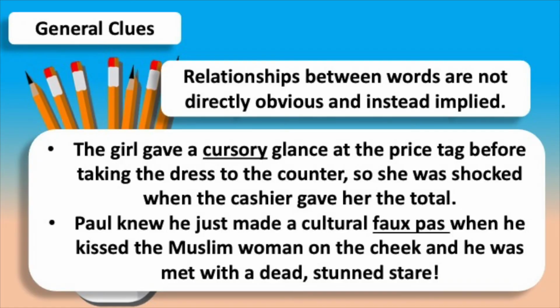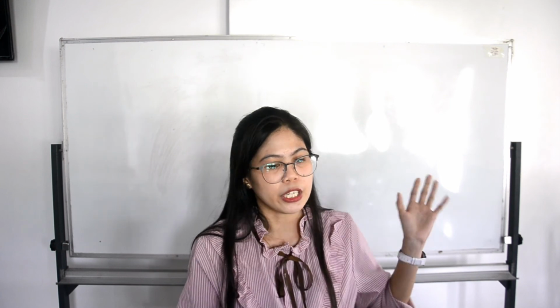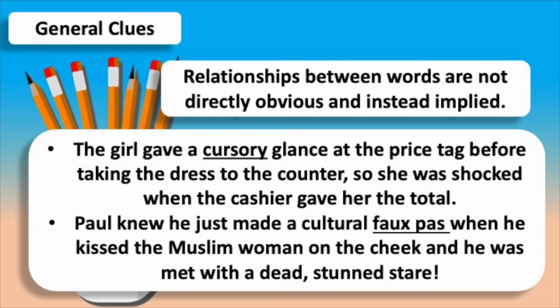So next we have the general clues. The relationship between words is not directly obvious and instead it is implied. This lets the readers puzzle out a word meaning from whatever information is available. For example, the girl gave a cursory glance at the price tag before taking the dress to the counter, so she was shocked when the cashier gave her the total.